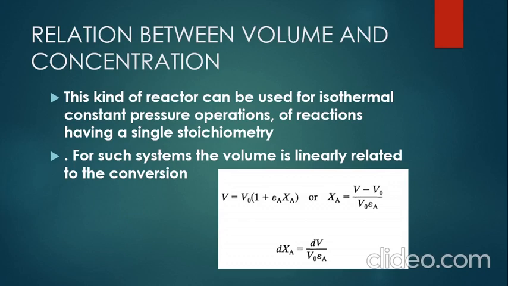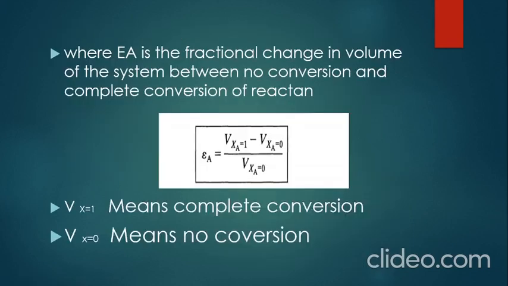V would be equal to V naught into 1 plus epsilon A into XA, or XA would be equal to V minus V naught over V naught epsilon A. When we differentiate this equation, we get dXA equal to dV over V naught epsilon A. Epsilon A means the fractional change in volume.